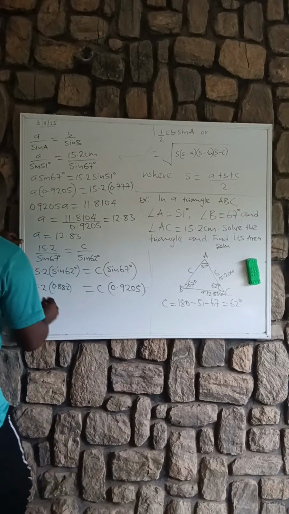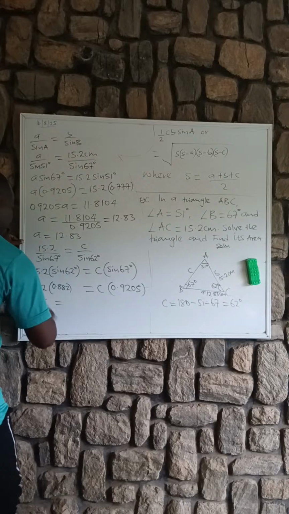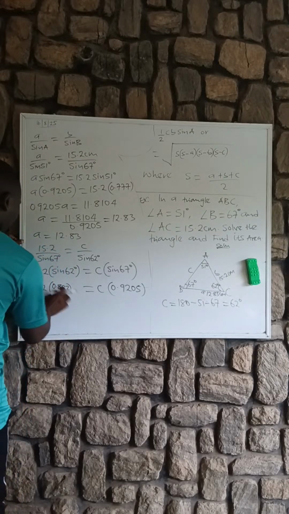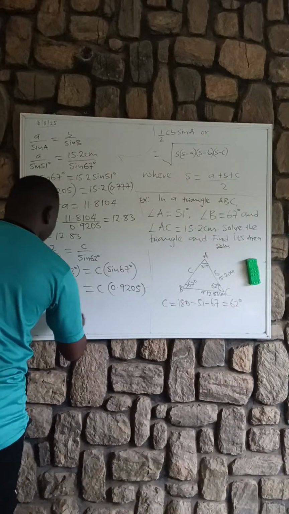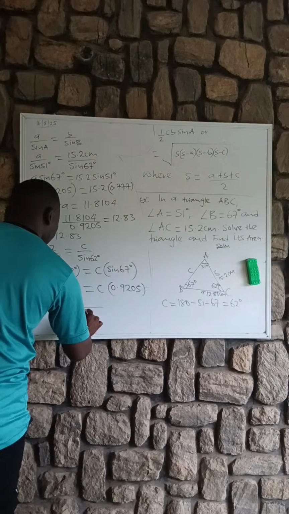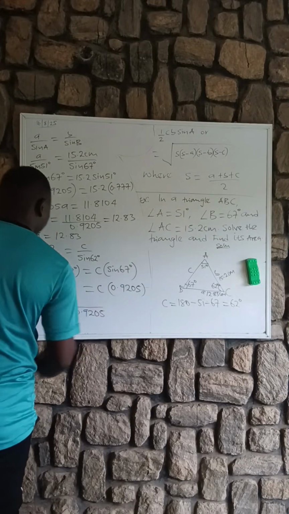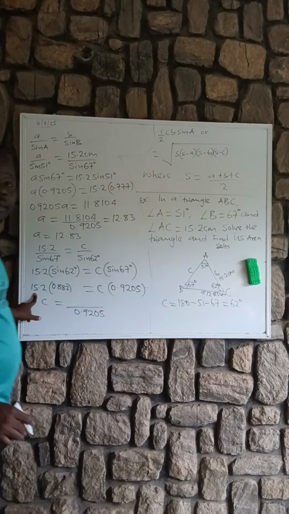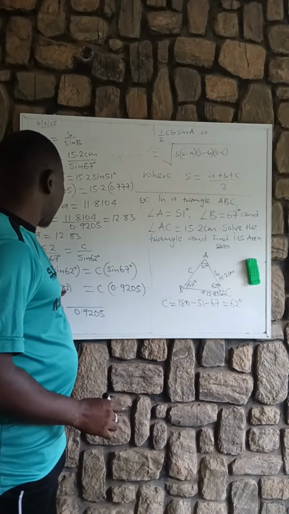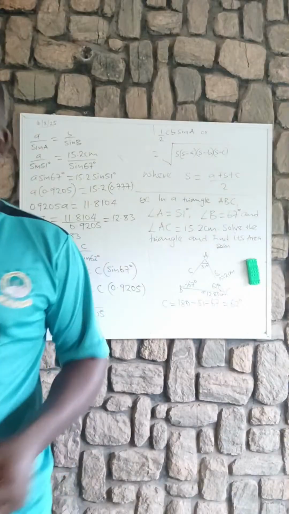Your C will now be equal to 15.2 multiplied by 0.882, then divided by 0.9205. 15.2 times 0.882, please, fast, what is the answer?